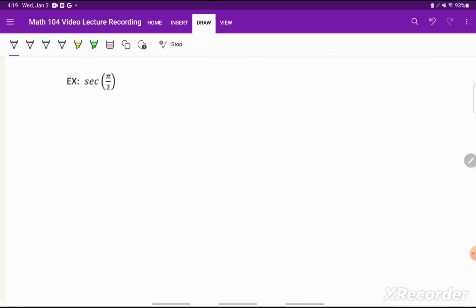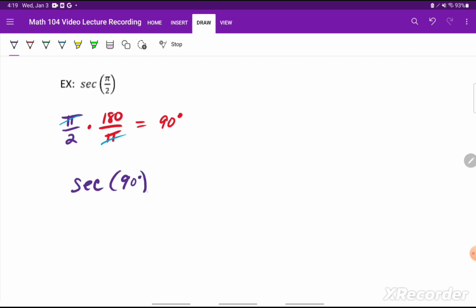Let's do one more. Secant of pi over 2. We'll start by converting pi over 2 into degrees by multiplying by 180 over pi. Pi's cancel. We get 180 over 2. This is 90 degrees. So we're looking for secant of 90 degrees.